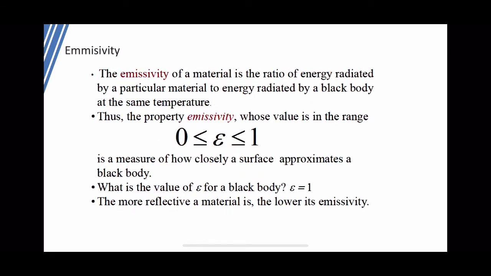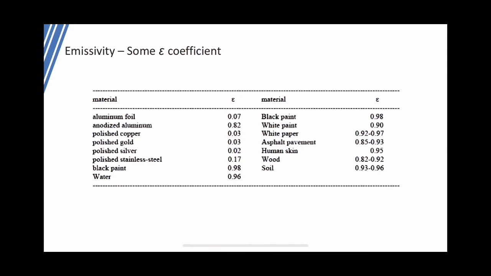Emissivity is between 0% to 100%. It is based on the material, so E will change. But for a black body, E will be 1. These are some examples of emissivity of a body.